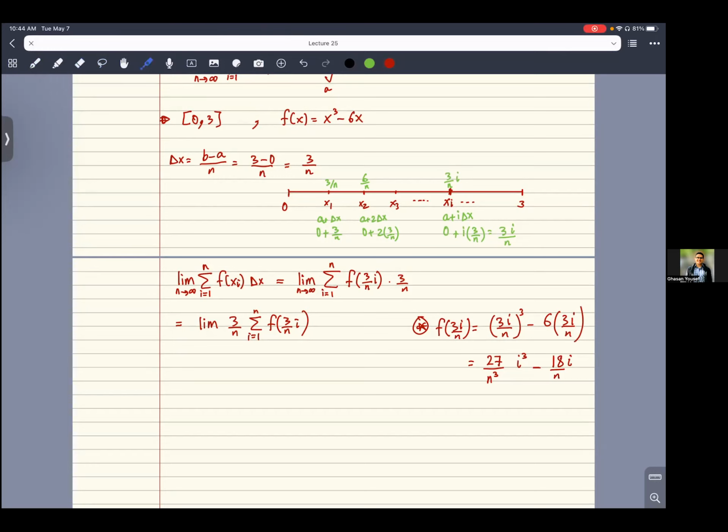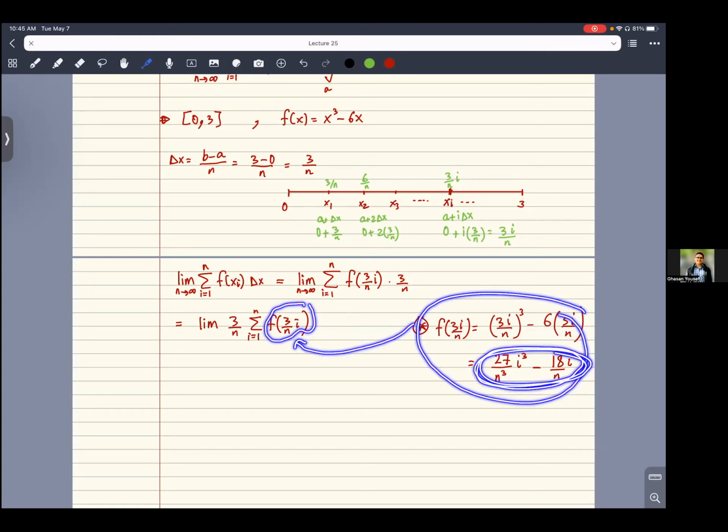Now we're going to plug these things inside the sum. Instead of f(3i/n), I'm going to put this value.